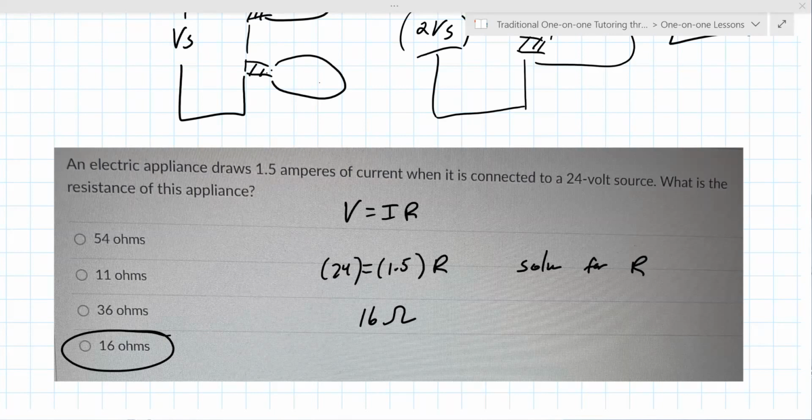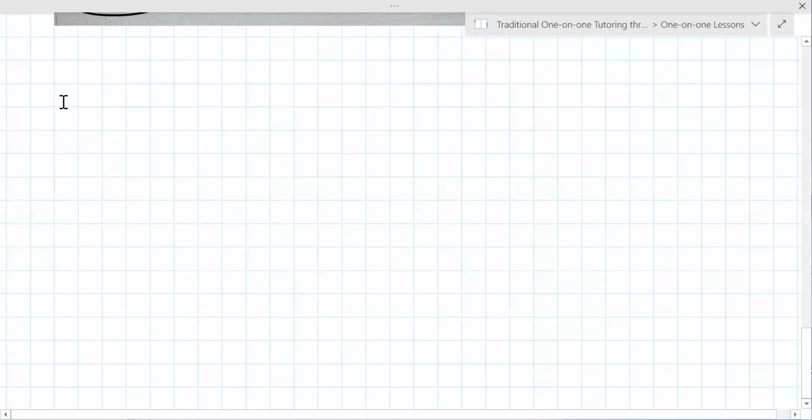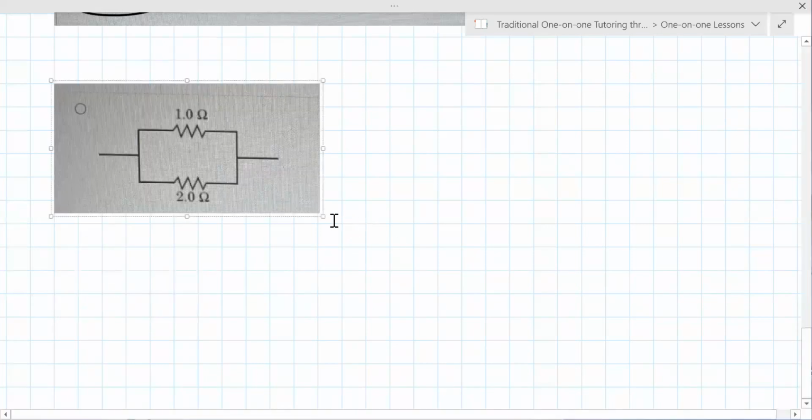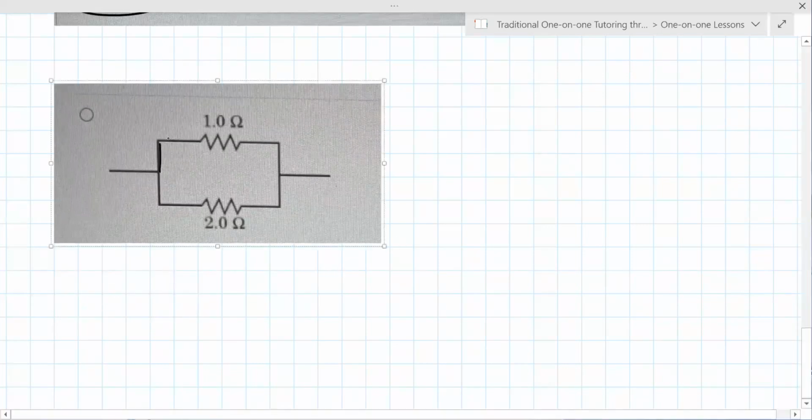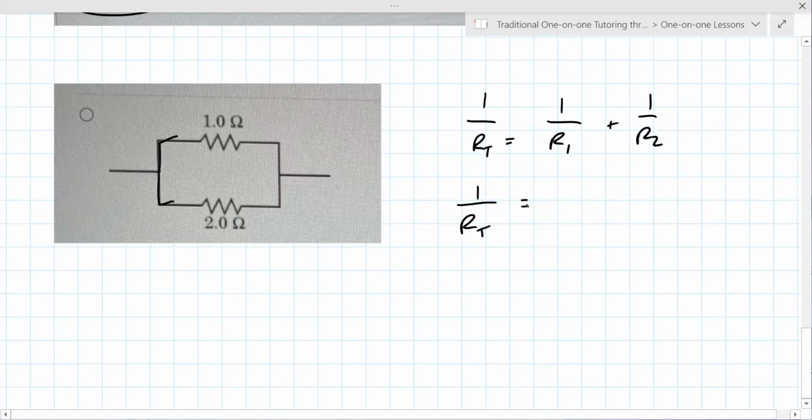Okay, so number 6 is asking about equivalent resistance in each of the circuits. When they're in parallel like this, when they branch, this is called a branch. When they branch, the total resistance is 1 over the individual ones. So 1 over the total that you want is 1 over 1 plus 1 over 2.